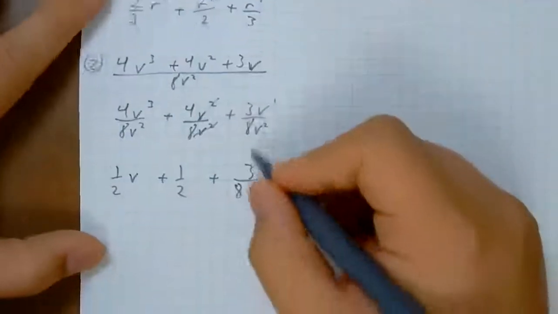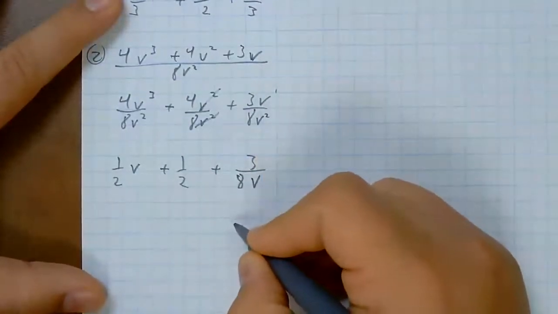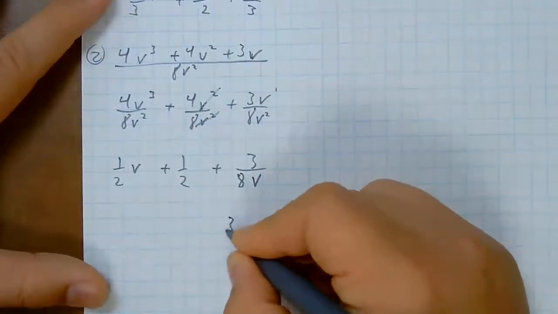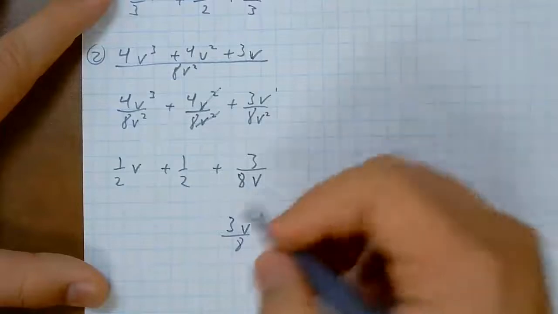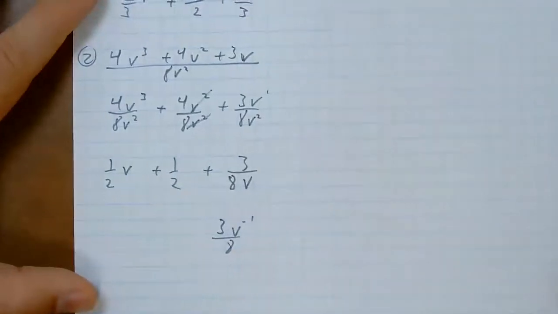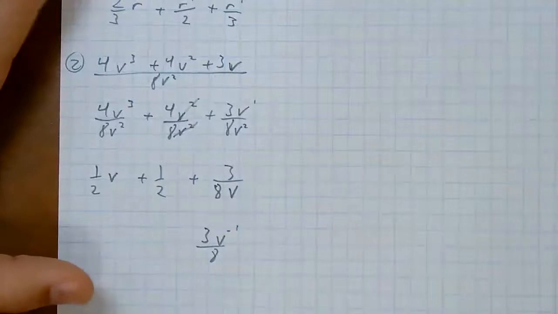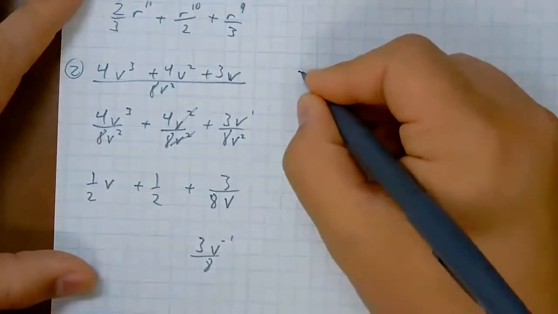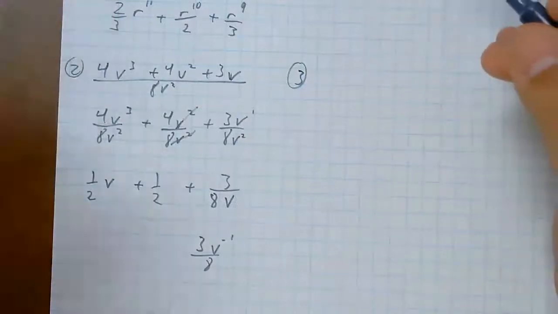I'll show you an alternative on how we can deal with this one. We could have also used our negative exponent law. We could have thought of this as 3v to the negative first over 8. That still ends up simplifying to 3 over 8v. I'll get you started on this next one, but I want you to finish it.